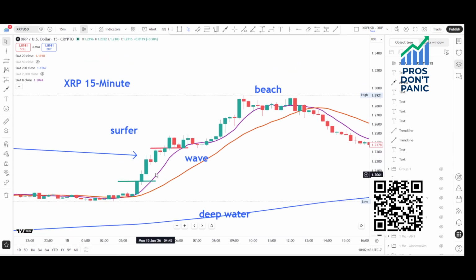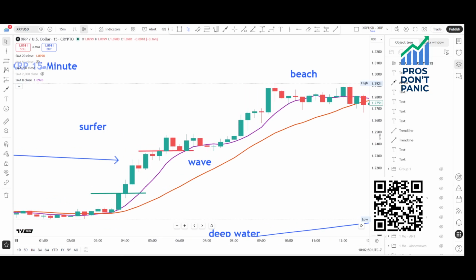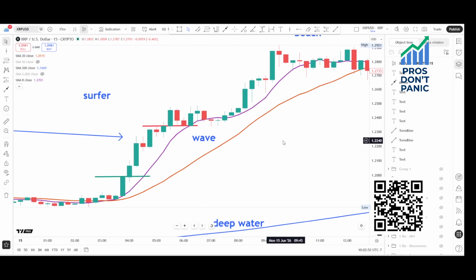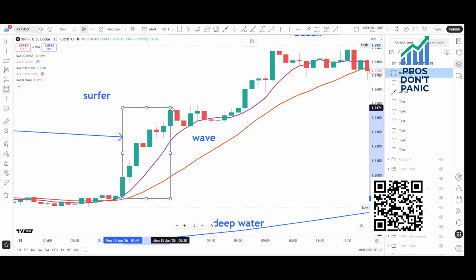So we talked about surfing the 8. We got done with this first face of the wave, and now it's pulling back. So I said I was going to show you how to kind of deal with some of these trends. So we're out of this trade now. We're going to still surf this next face of the wave, but we're out of this particular trade. So let's look at how many candles were in this big push up.